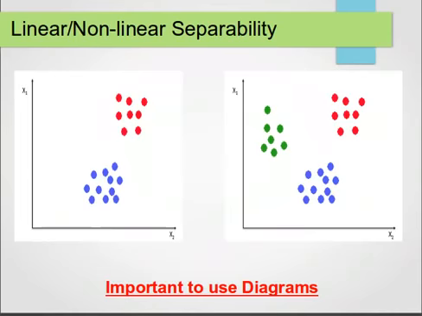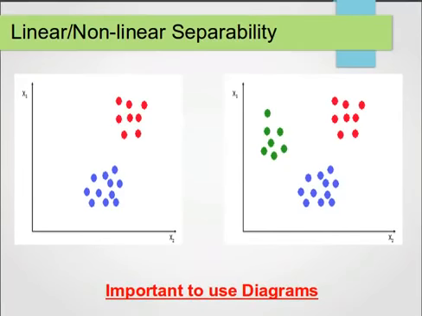Now, one thing I'd like you to be familiar with is linear and non-linear separability, and please always remember to use diagrams. Diagrams help us greatly to visualize things so we can have a feel of what the data looks like and how we can go about our data. Now let's assume, for example, that we take some measurements from people randomly.